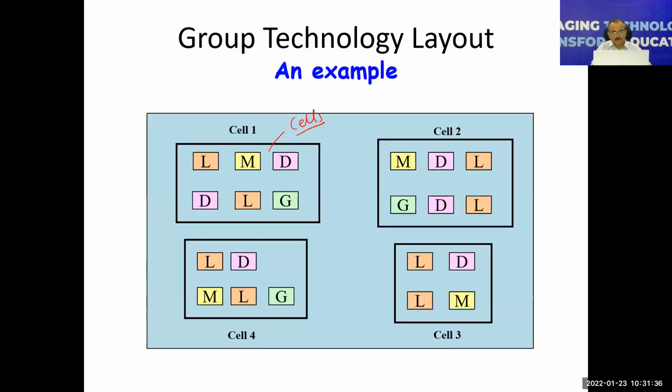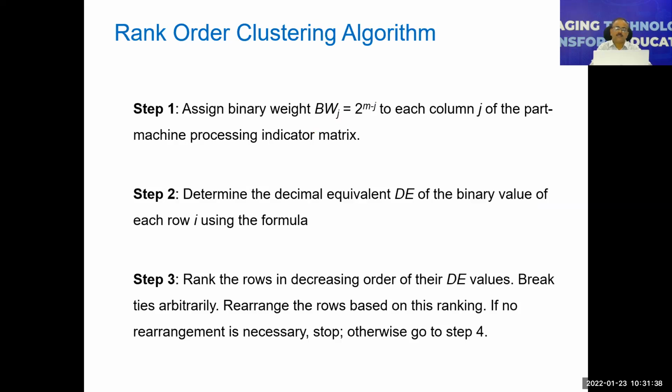These are the steps of this algorithm, and we'll quickly look at it. It uses the binary principle to arrive at the total load on that particular machine, and based on the ranking of those binary values, it will try to rearrange the machines or the components, and based on that it will try to form the group.